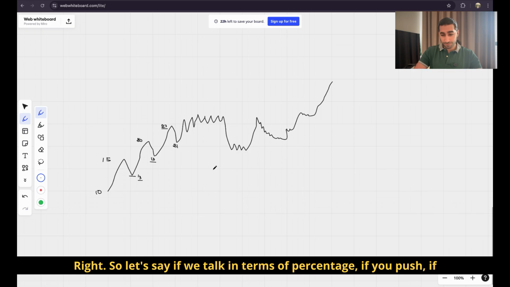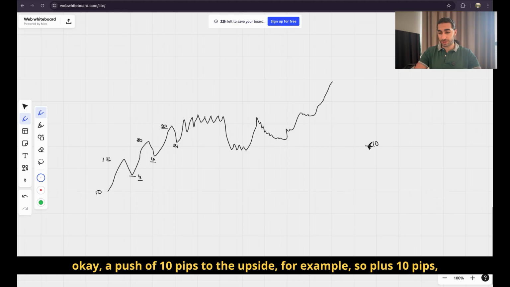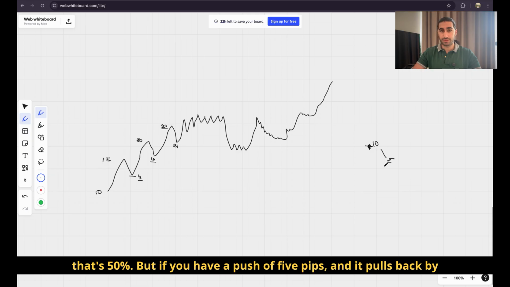So let's say, if we talk in terms of percentage, if you have a push of 10 pips to the upside, for example, so plus 10 pips, right? And it pulls back by 5, that's 50%.